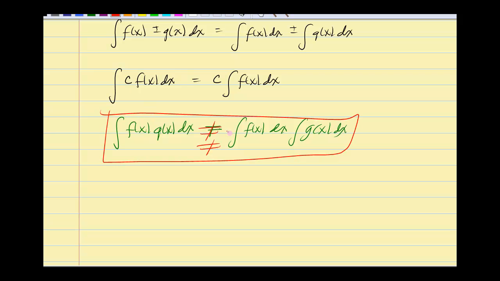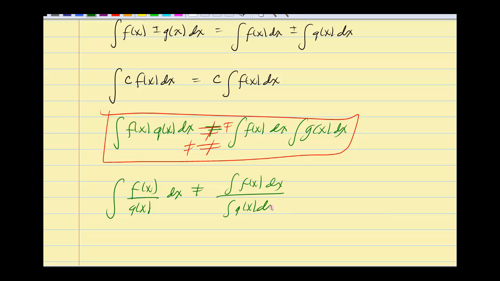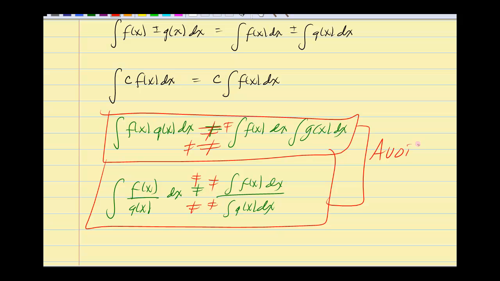But I'll tell you, a lot of people try this just because they don't know what else to do, so they try and just separate the functions out. Now this is also true with a quotient. The integral of a quotient does not equal the quotient of the integrals. So this is not true ever. So these two rules, avoid these. Do not make these mistakes.